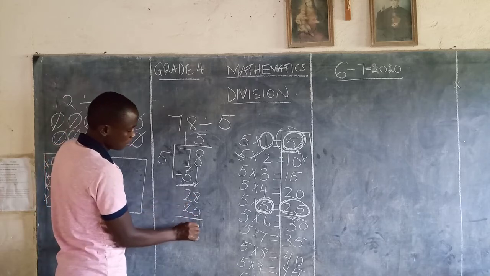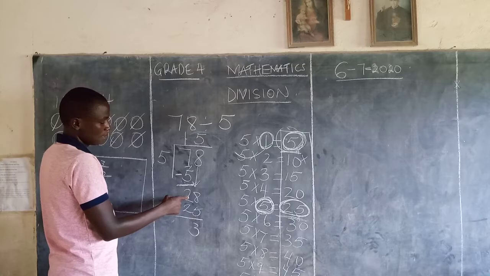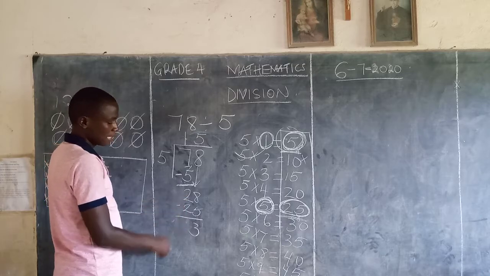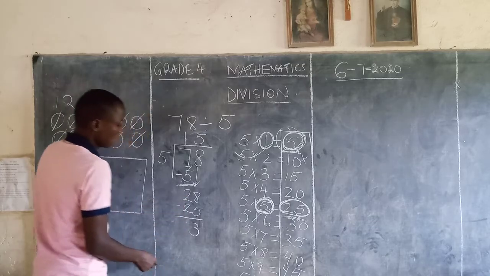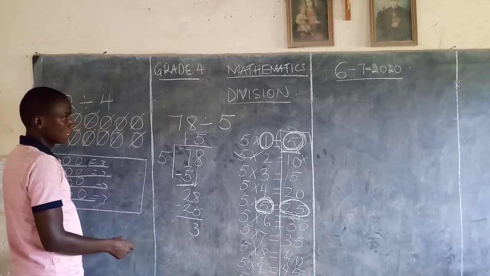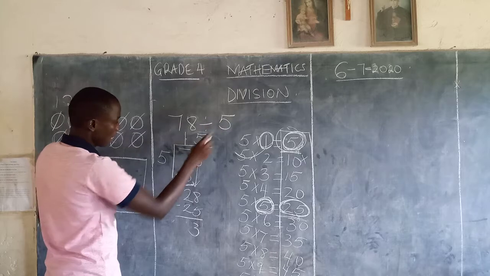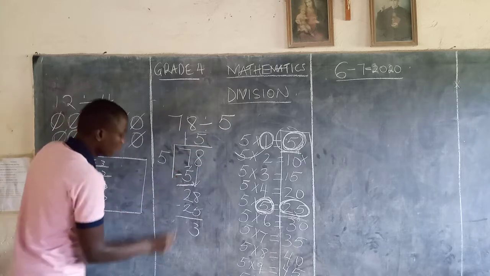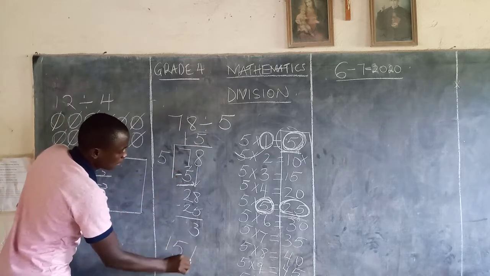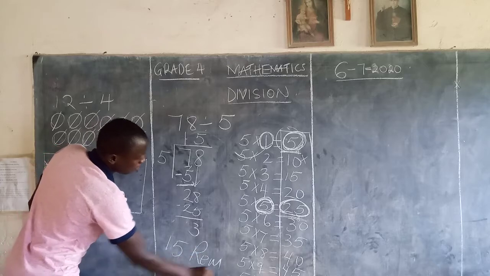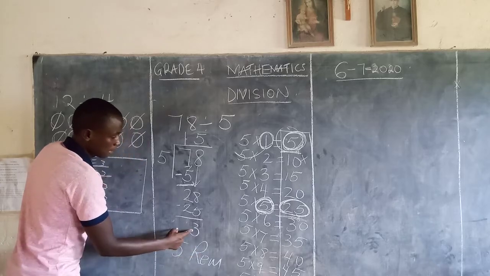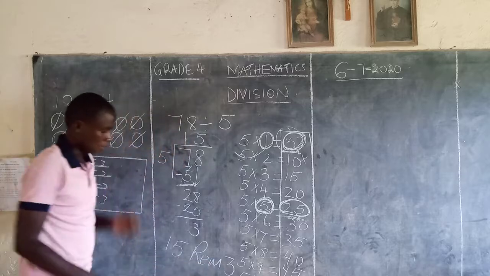This gives you 3. 2 minus 2 is 0, which is nothing. So what do you get? That means that 78 divided by 5, you are going to get 15 remainder 3. That's your answer.